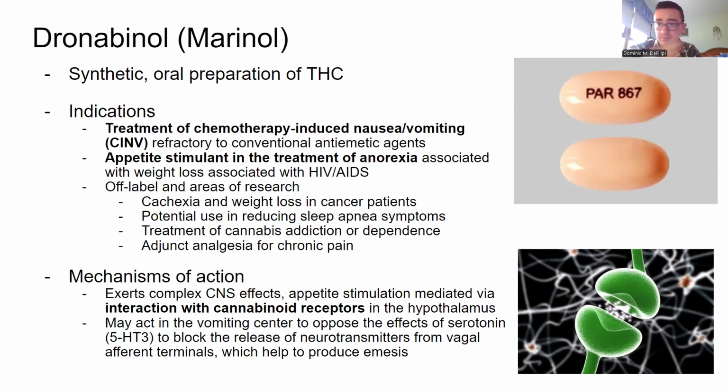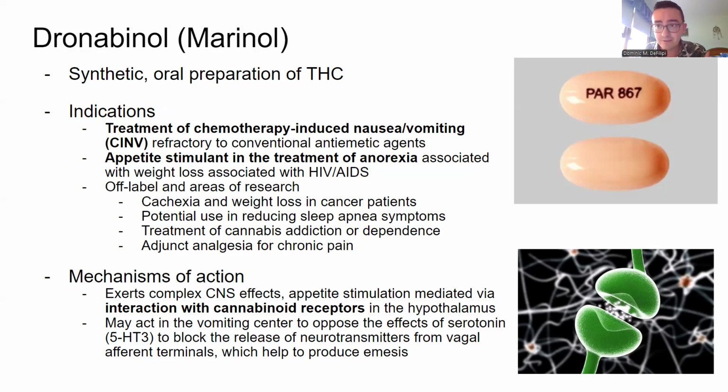Off-label, it's also used for a bunch of other things. Cachexia, again, that's the weight loss, failure to thrive, and the weight loss in cancer patients. Potential use in reducing sleep apnea symptoms. There's also cannabis hyperemesis syndrome, where people with cannabis addiction or a substance use disorder related to cannabis products sometimes throw up quite a bit.